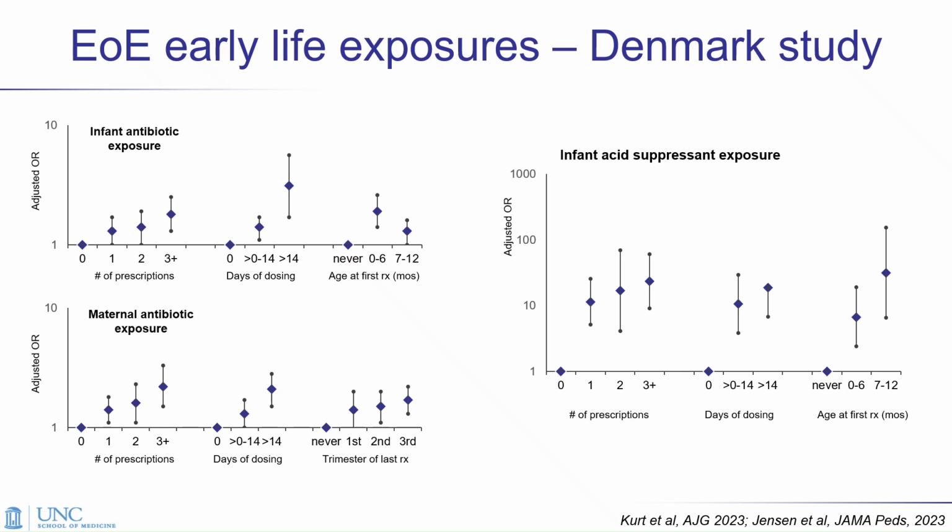But what's interesting about these data, in addition to the relationship, is that you might say, well, millions and millions of children get antibiotics and millions of mothers get antibiotics and maybe even more get antacids. And it's not millions and millions of people who are getting EoE, it's a subset of those. So it's not just an issue with the early life exposure.